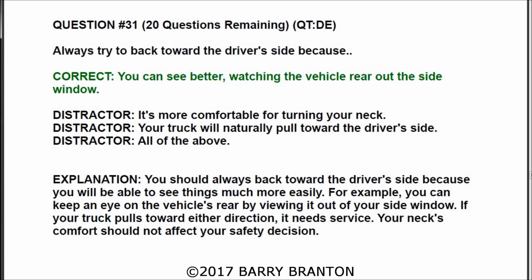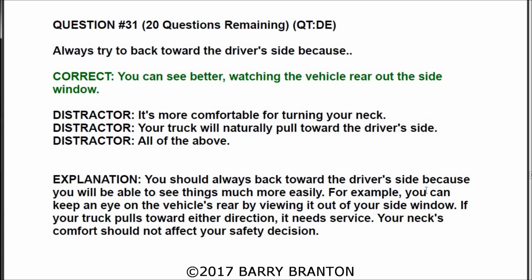Question 31. Always try to back toward the driver's side because, correct answer, you can see better watching the vehicle rear out of the side window. The explanation is you should always back toward the driver's side because you will be able to see things much more easily.